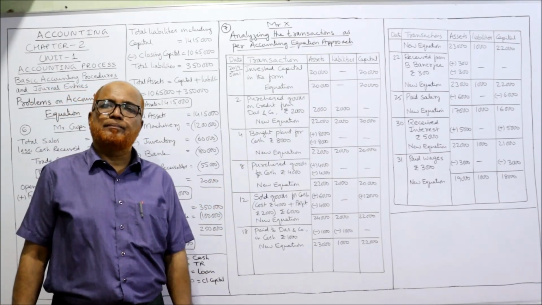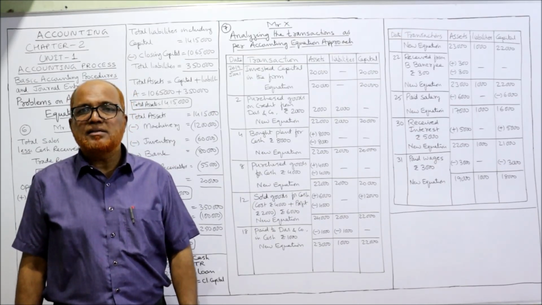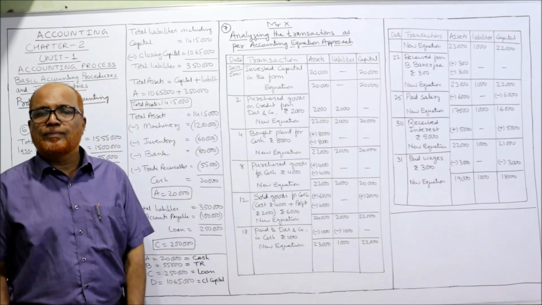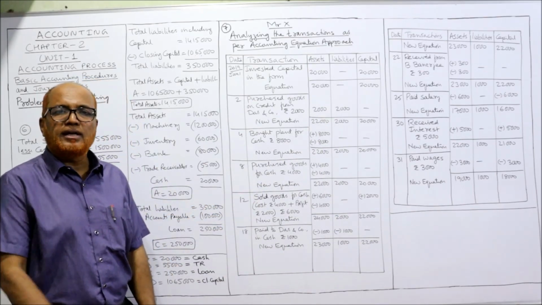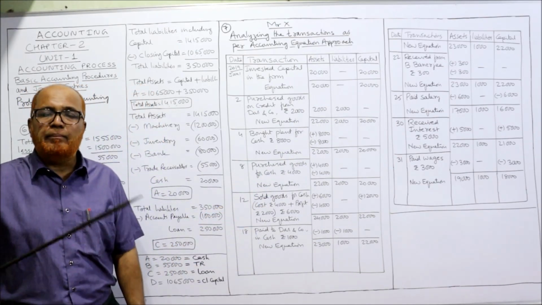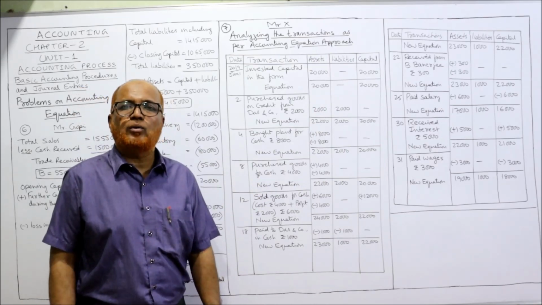At the same time, Das is a creditor and creditor is a liability. So liability increased by 2,000. There is no effect on capital. Our assets are increasing by 2,000. Our liability is increasing by 2,000, because in future we have to pay to Das.